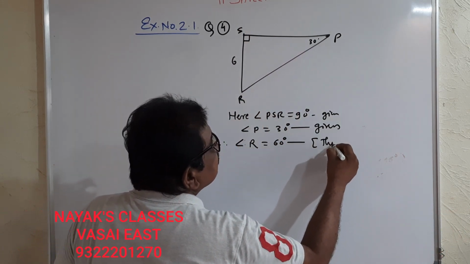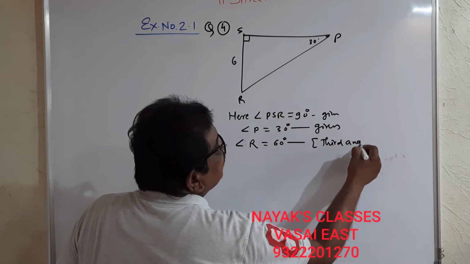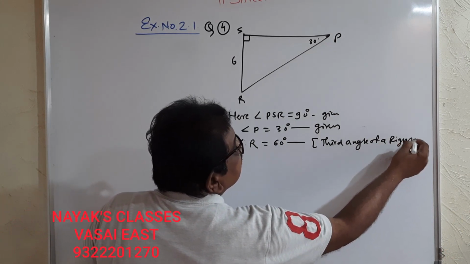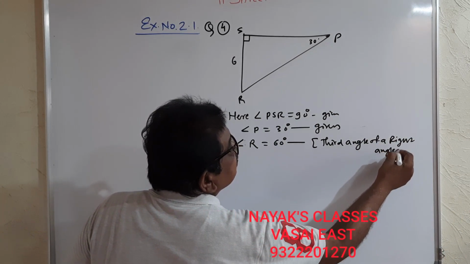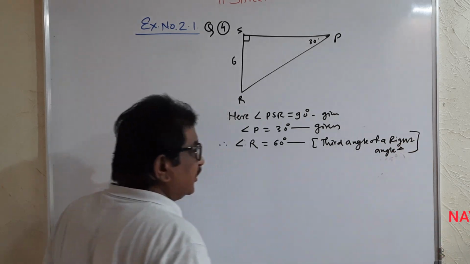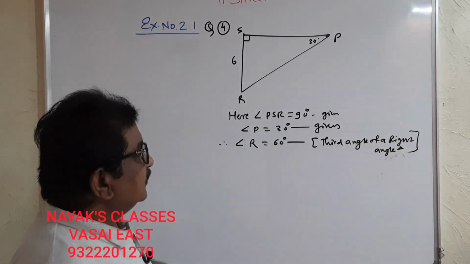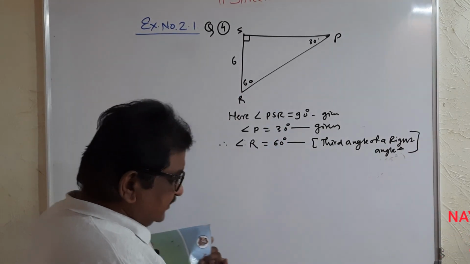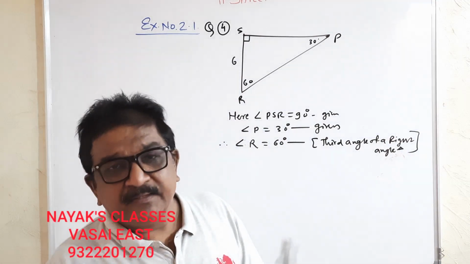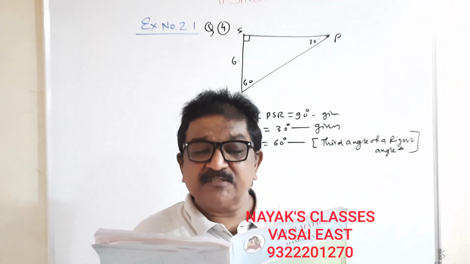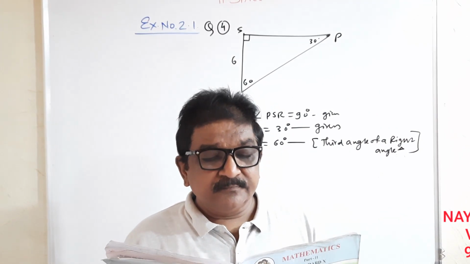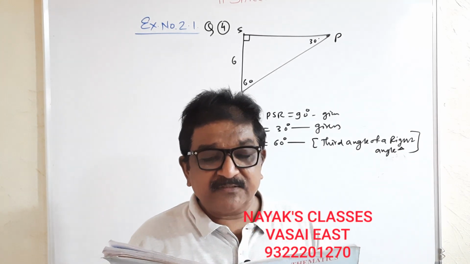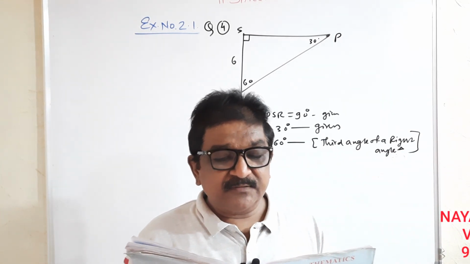So it is the third angle of a right angle triangle. Correct? So this is 60 degrees. What they have asked us to find: RP and PS.